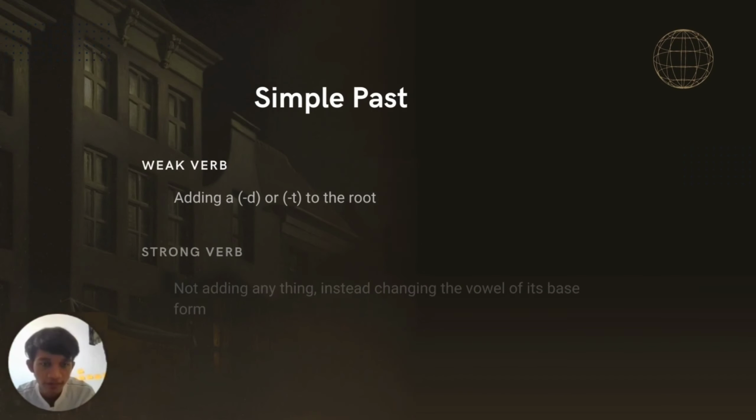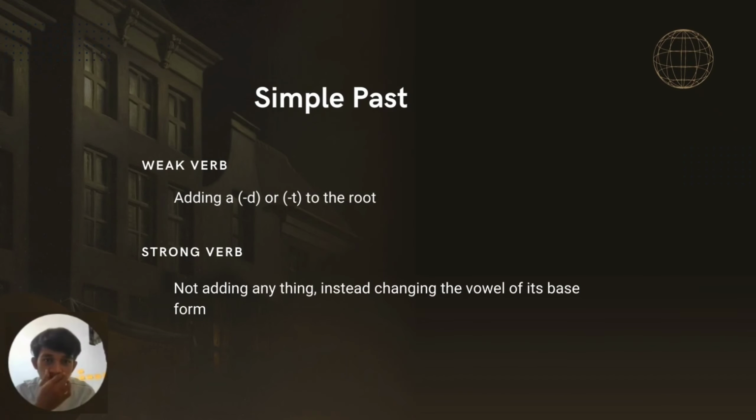Next is the inflection used to signal the simple past. It is divided into two cases. The first one is the weak verb, adding a D or T to the root. For example, kiss becomes kissed with D, or teach becomes taught with T. And the strong verb, not adding anything, instead changing the vowel of its base form.